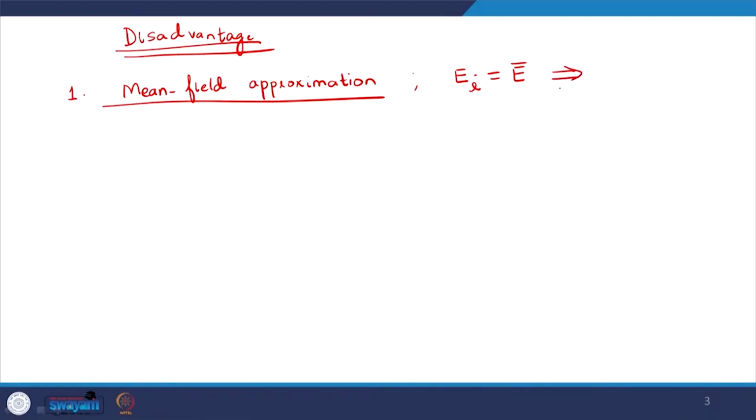So, clearly this means that we do not have the effect of fluctuations in the model. So, any property that is expected to vary with energy fluctuations, such as specific heat for example, is not being captured.